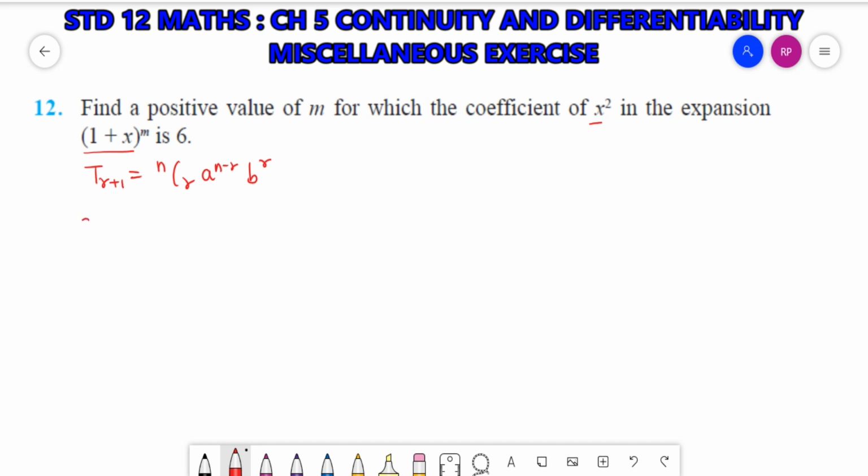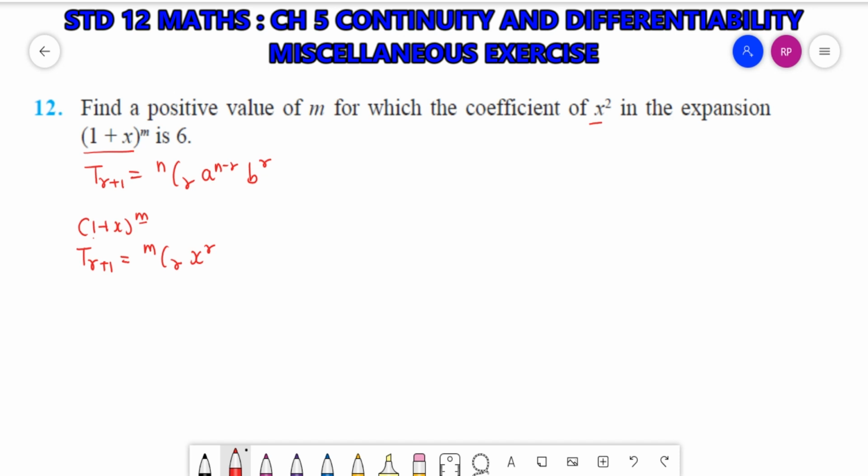Now here the given expansion is (1 + x)^m, so T(r+1) will be equal to mCr, because n is m. A means 1, and 1 raised to (m-r), whatever the power, will be 1, so no need to write it, and x^r.